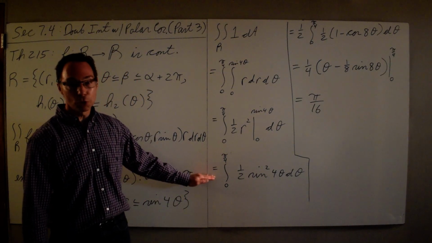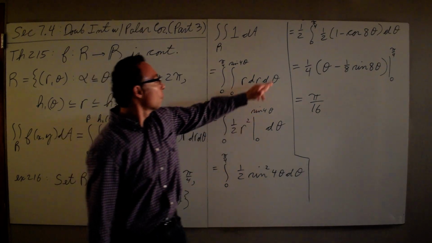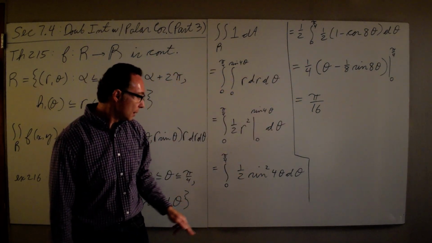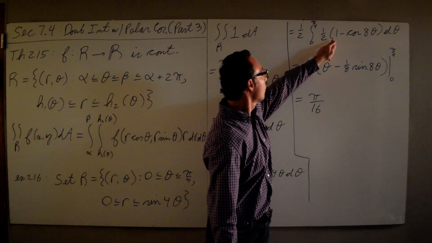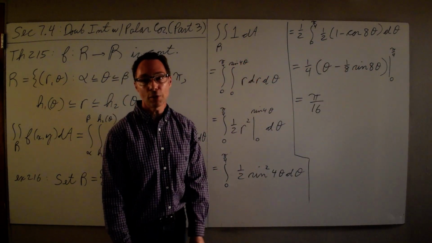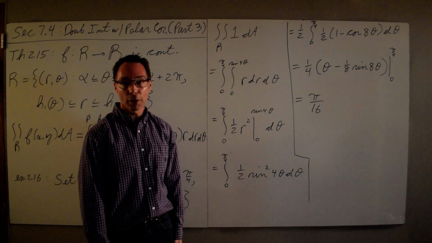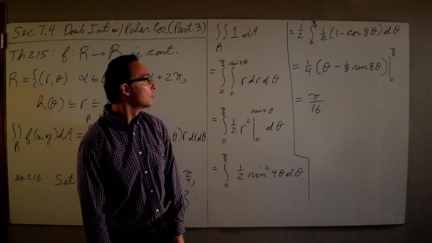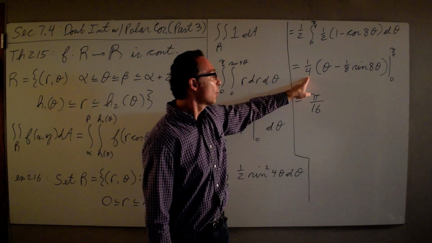This is a calculus 2 problem. We use a trig identity, so I factored out a 1/2. Then sine squared 4 theta is 1/2 times 1 minus cosine of 8 theta. That's a trig identity that we learned in calculus 2 and probably also pre-calculus. Factoring out a 1/2 again is where the 1/4 comes from.